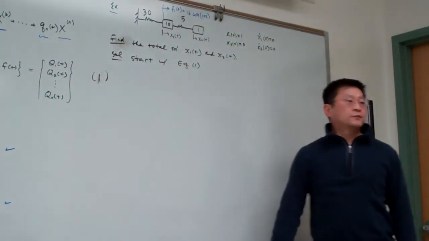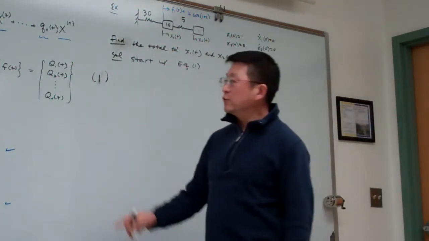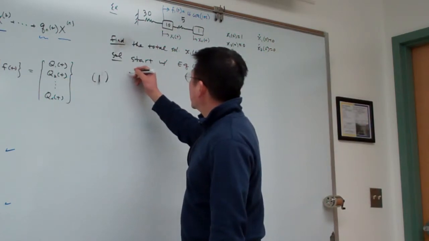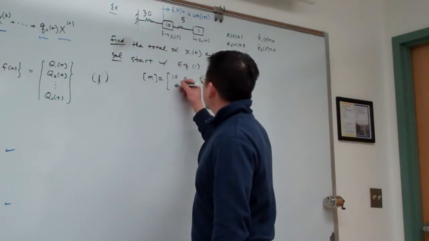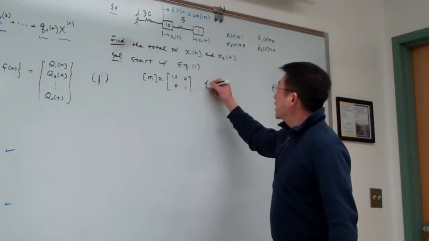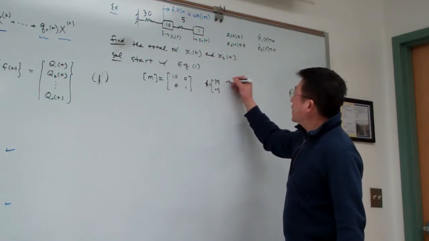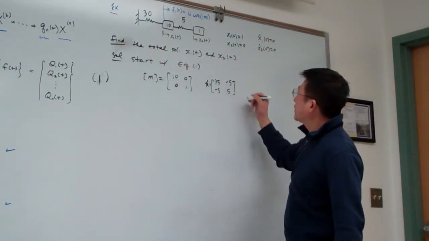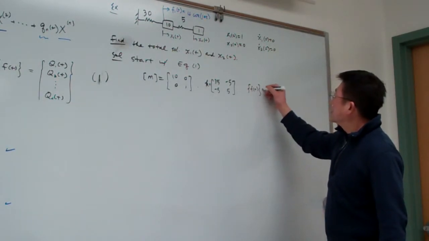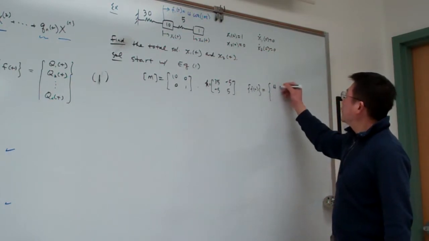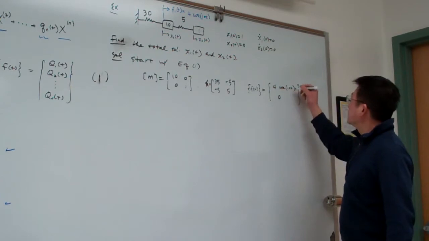Okay. So to get to equation 1, how much information do we need? We need M. Remember our M matrix equal to [10, 0; 0, 1], and our K matrix equal to [35, -5; -5, 5], okay? And our F(t) matrix for this case is [4 cosine 10t; 0].